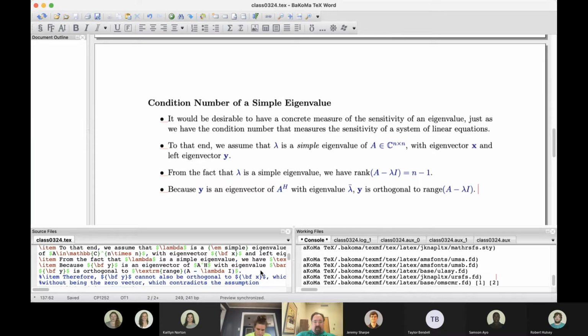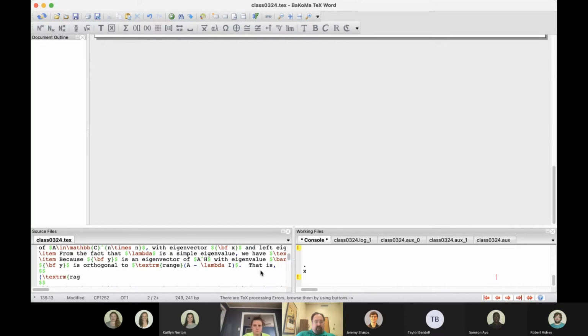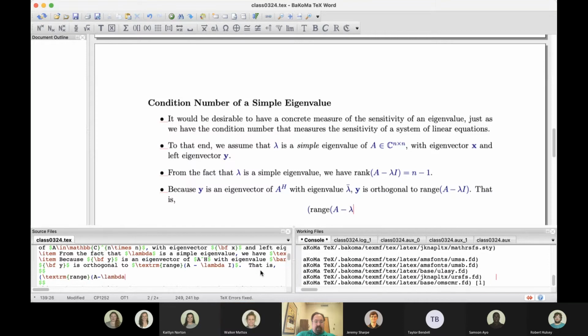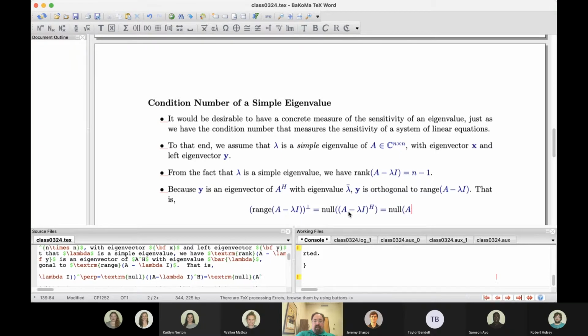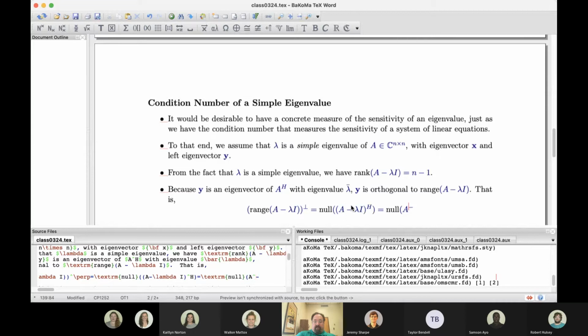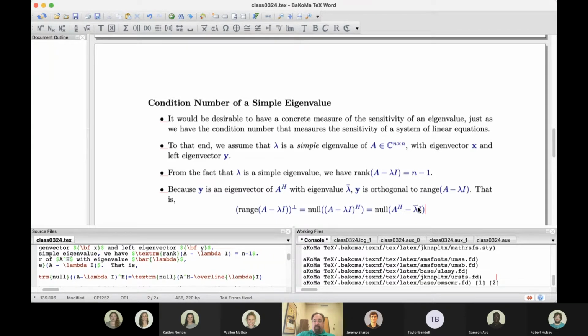I'll go ahead and write that down here. So if I take the range of A minus lambda identity, and then I take its orthogonal complement, all vectors that are orthogonal to vectors in here, that would be the null space of the Hermitian transpose, but that's the null space of A Hermitian transpose, which should be uppercase H, minus Hermitian transpose of this, but that's just the conjugate of lambda.